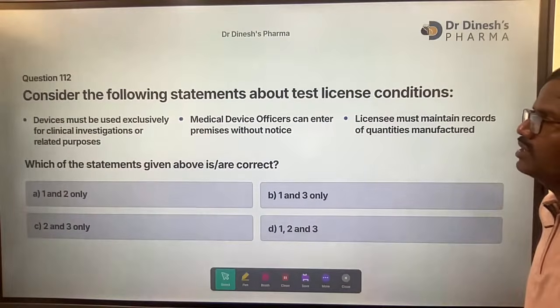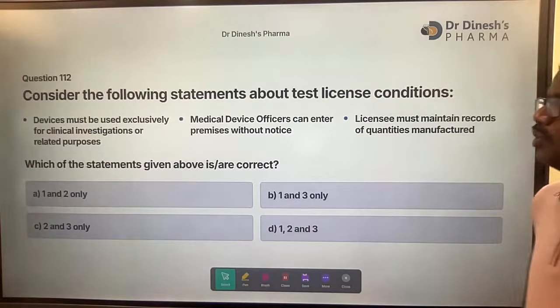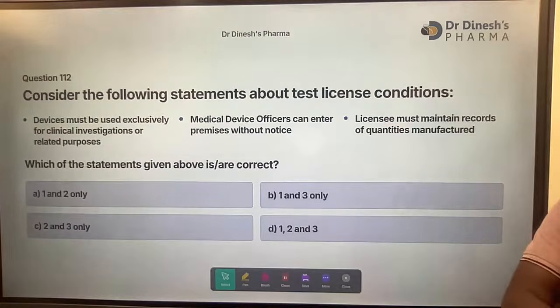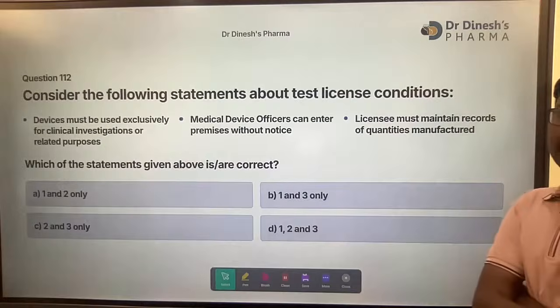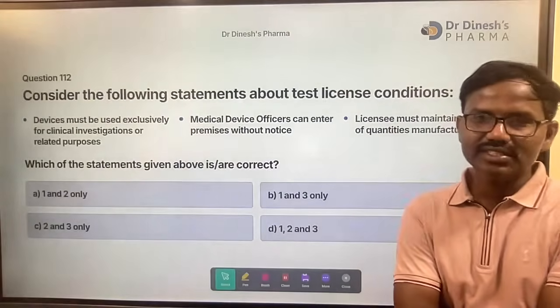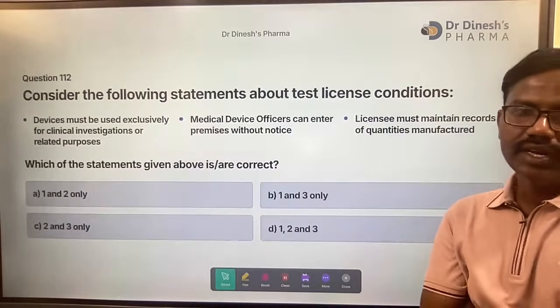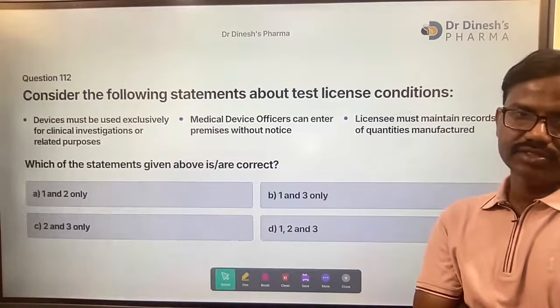Next question. Consider the following statements about the test license conditions. Device must be used exclusively for clinical investigation related purposes, and the medical device officer can enter premises without notice. And the licensee must maintain records of quantities manufactured.